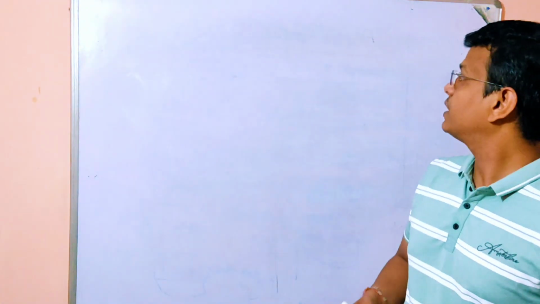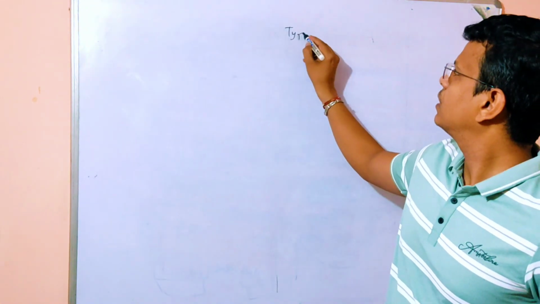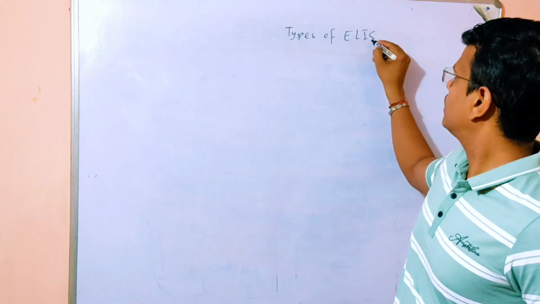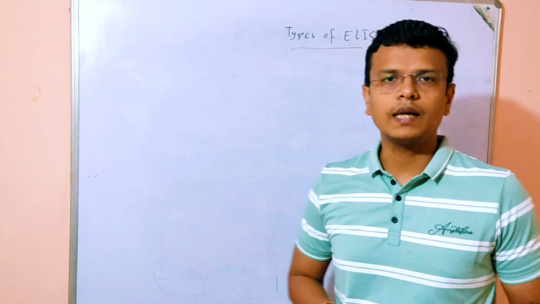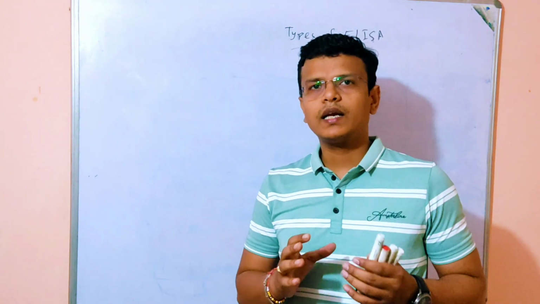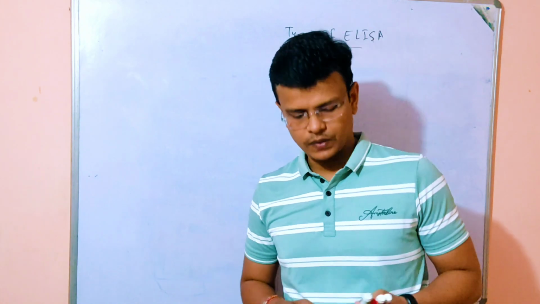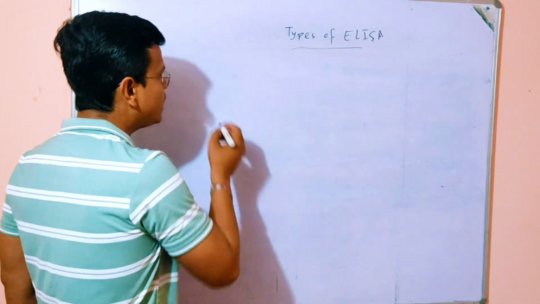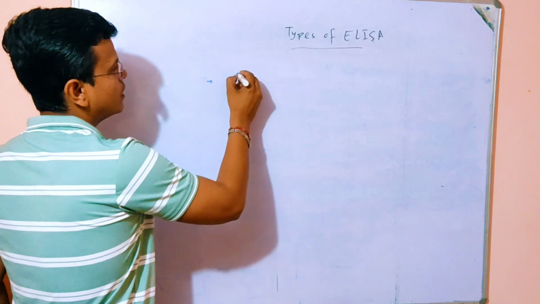Now here we will discuss types of ELISA. What are the types of ELISA? Actually, mainly there are four types of ELISA, which are very easy to learn and remember.